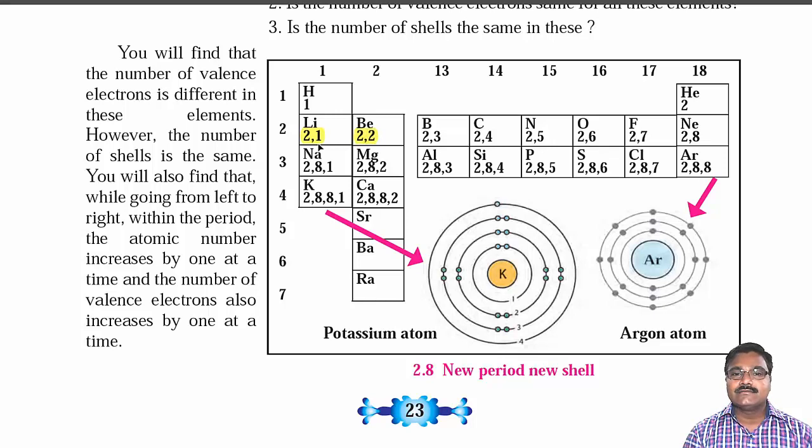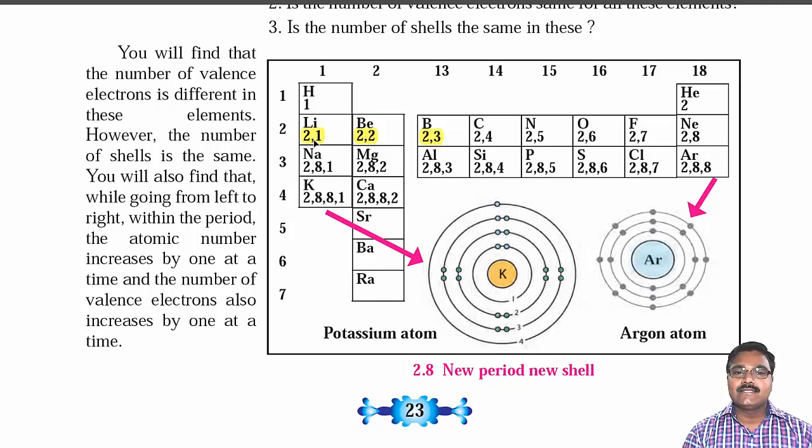As we move from left to right, you will see lithium has just two shells, and the number of electrons goes on adding in the outer shell of that atom.